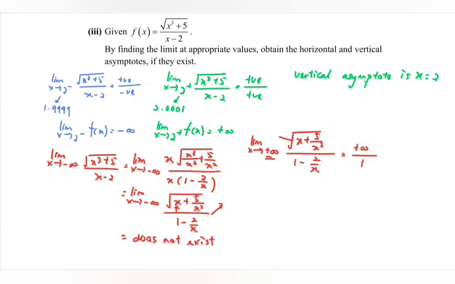So in this case, we will have positive infinity, again meaning that the graph will go up. So the limit as x approaches positive infinity for the function f(x) does not exist. So no horizontal asymptote.